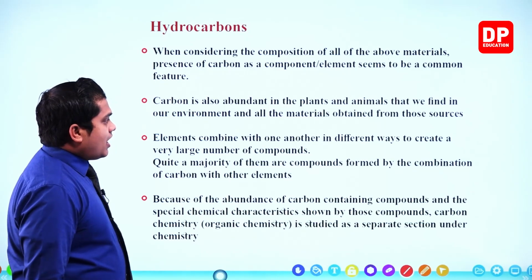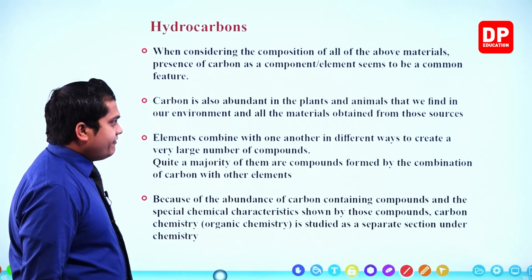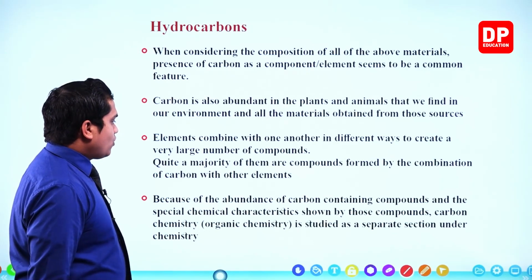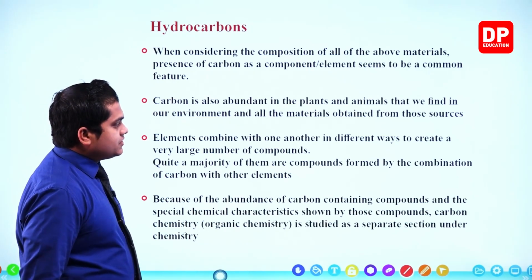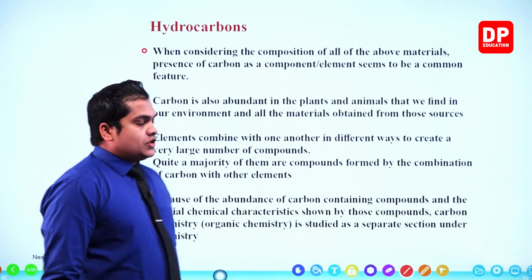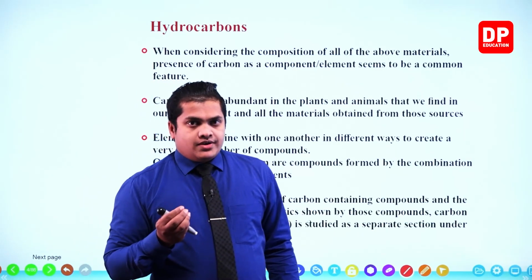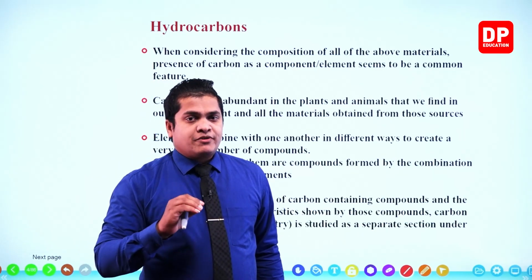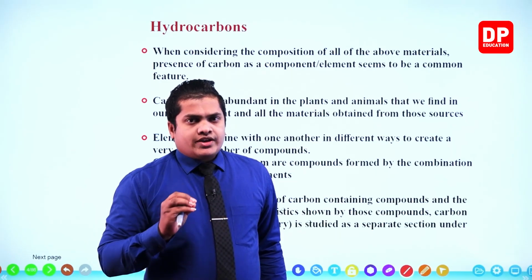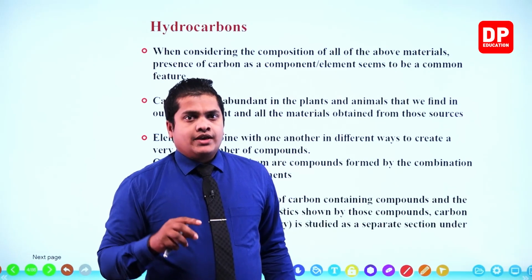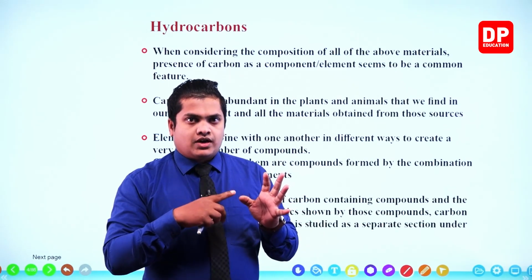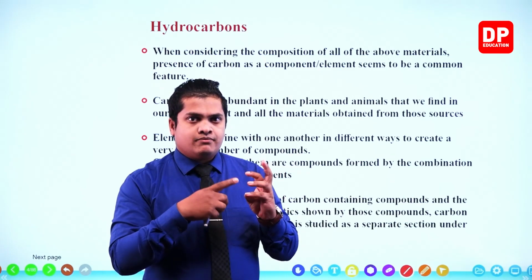Elements combine with one another in different ways to create a very large number of compounds. Quite a majority of them are compounds formed by the combination of carbon with other elements. Carbon has a special property, my dear children. What is that? When you take the electronic configuration of carbon, you can count hydrogen, helium, lithium, beryllium, boron and carbon.